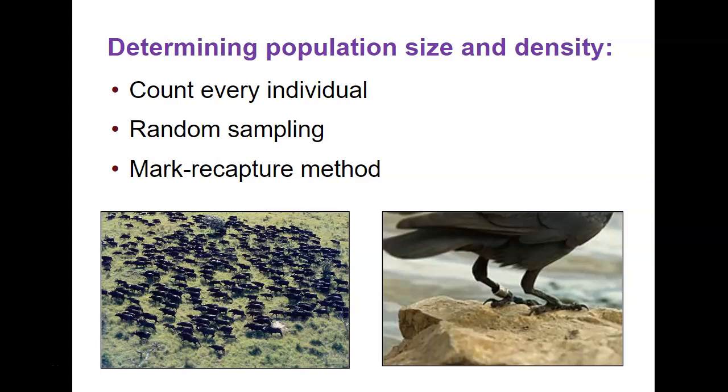So you might measure out a small unit of space and count what's in there, and then just kind of multiply it by the total amount of space that you have, assuming that your little test area is representative of the entire population. Or we can do mark and recapture. So a lot of times, if it's things like birds, or they do it all the time in the ocean with certain sea animals, you mark one and then you recapture later. And sometimes you end up capturing one you've already captured, and sometimes you don't.